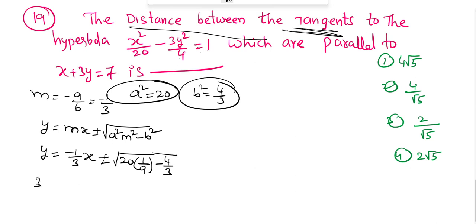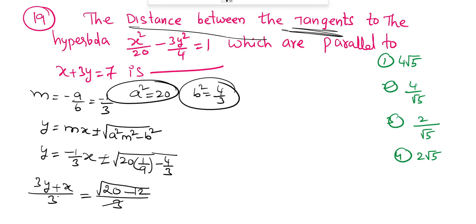From this 3y plus x by 3 is equal to, take LCM, here root 9 is 3, this is 20 minus 4 by 3, 12 under root.